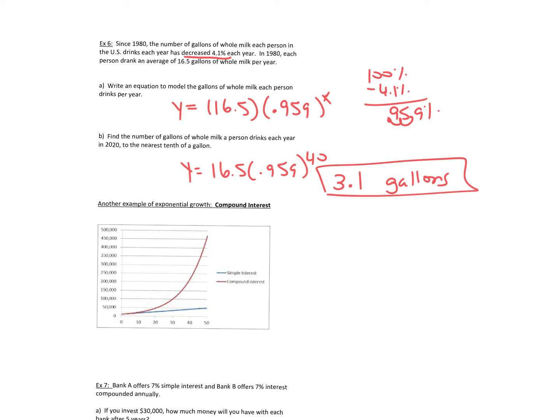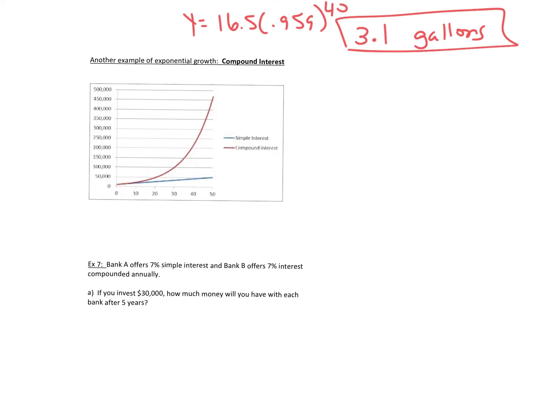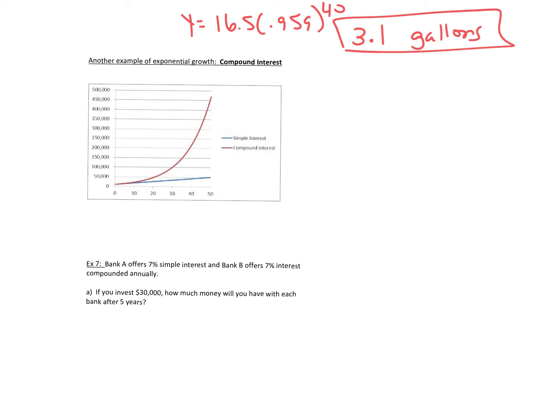Okay, so another, and that may have come to your mind, another example of exponential growth is the idea of compound interest. So compound interest means that you're taking a certain amount of money that's either being invested in a bank or some sort of stock, or it could be an amount that you're borrowing from somebody if you're taking some sort of loan.